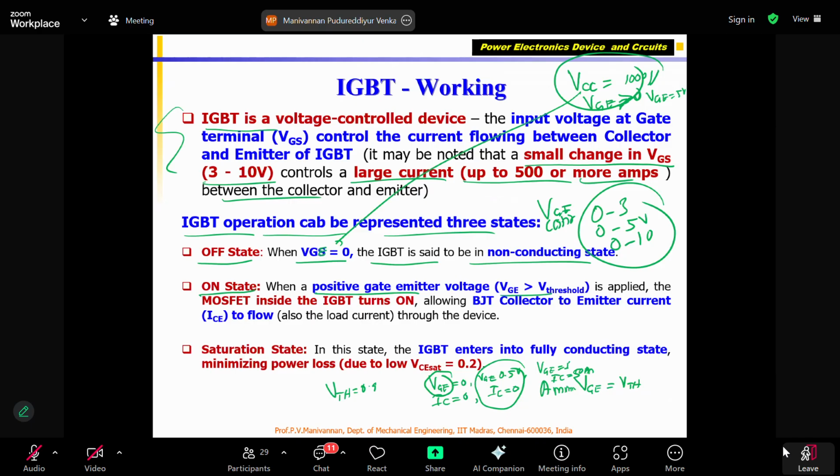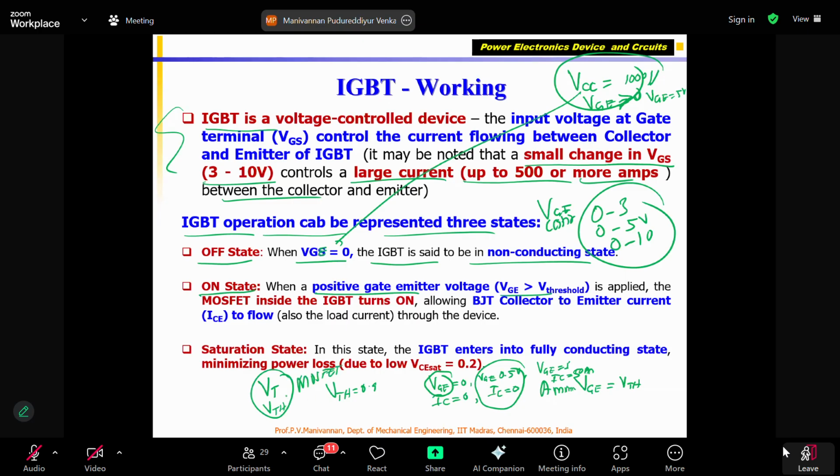IB will not flow, IC will not flow. From 0 to 0.69 volts, the transistor will not conduct. If I increase the base voltage to 0.7, it immediately starts conducting, at 1 volt, 2 volts, up to 5 volts, VB max. Similar to this, for the MOSFET they give the threshold voltage. Some books put VT, some books put VTH of the MOSFET.